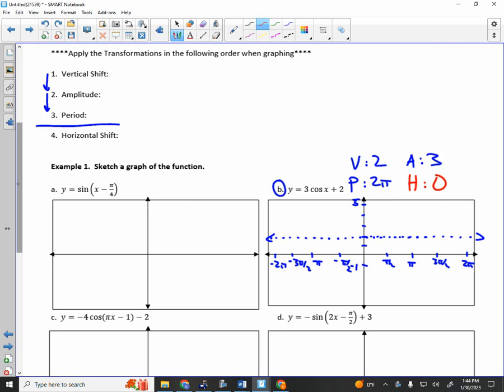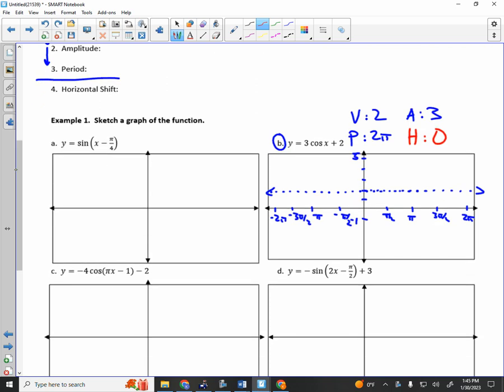So where does cosine start? All the way at the top, not at 3, but at 5. It's going to start at the maximum value of the graph. Just to make sure we see this: do you remember what the cosine of 0 is?